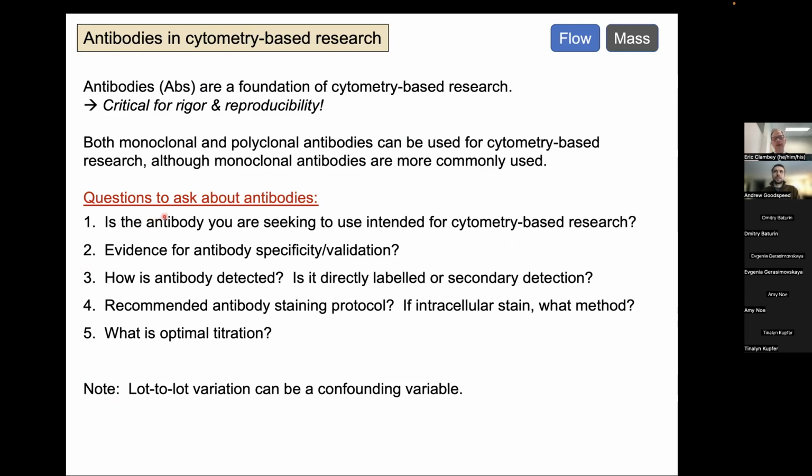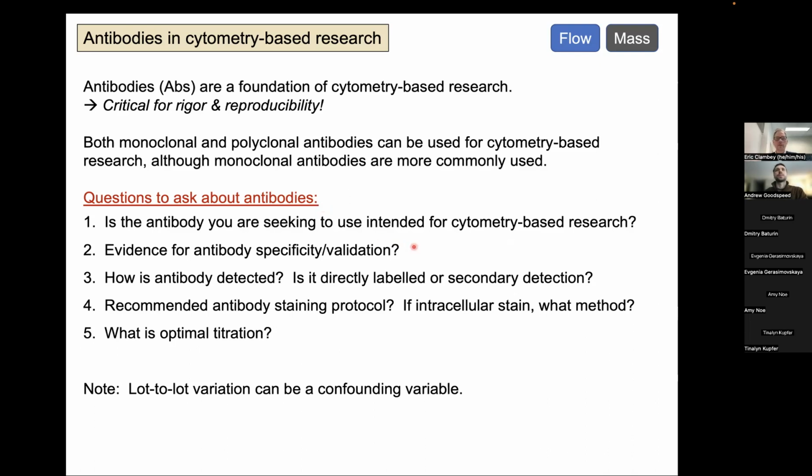Questions that you should ask when you're considering using antibodies for flow cytometry. First, is the antibody you're using intended or validated for cytometry-based research? There are plenty of antibodies which might work on a Western blot, but whether they will have any performance in the context of cell staining and cells in suspension needs to be verified.